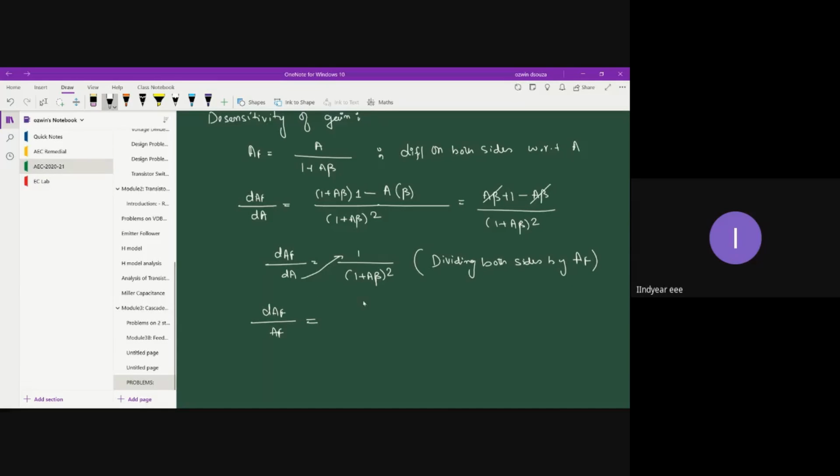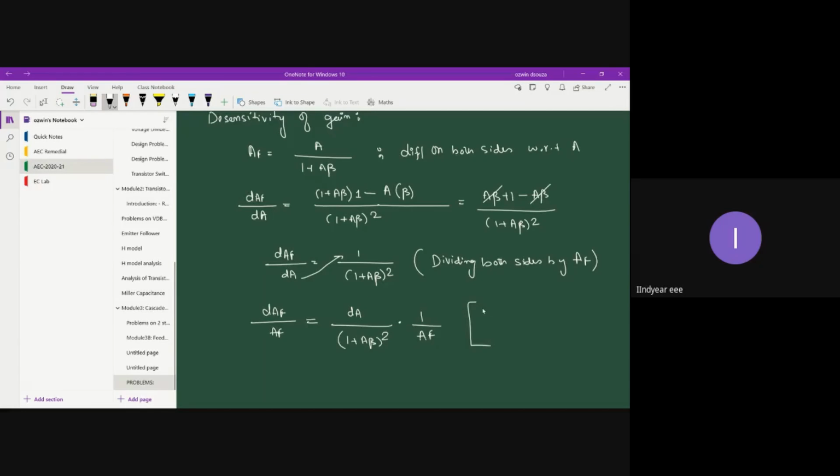Similarly on the right hand side, what do I have? I have this dA factor in the numerator divided by 1 plus A beta the whole square into 1 by AF, right? Because I have to divide on the right hand side also with the AF in order to keep the relation intact.